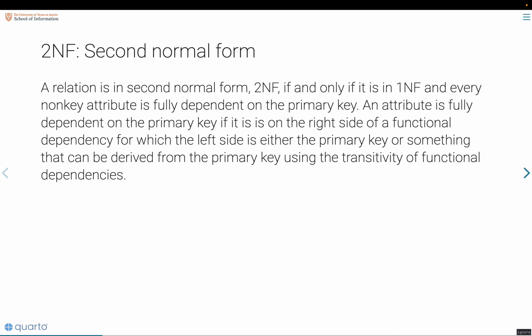You can write those out for each table and figure out what's on which side of the functional dependency. It's on the left side if it's the primary key, or something that can be derived from the primary key using the transitivity of functional dependencies, which we talked about briefly.